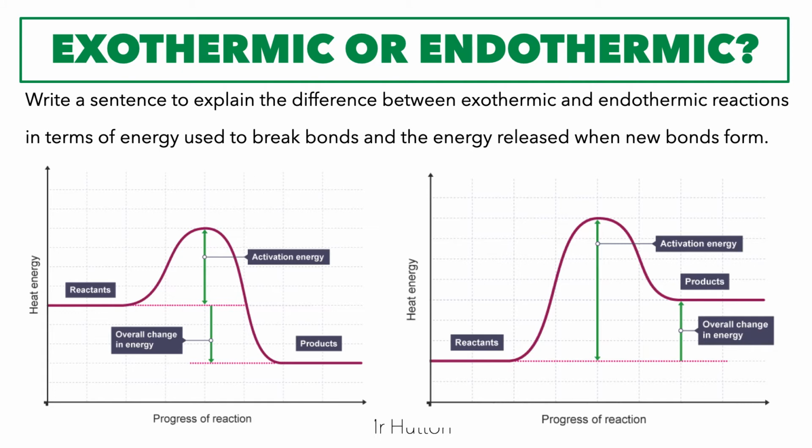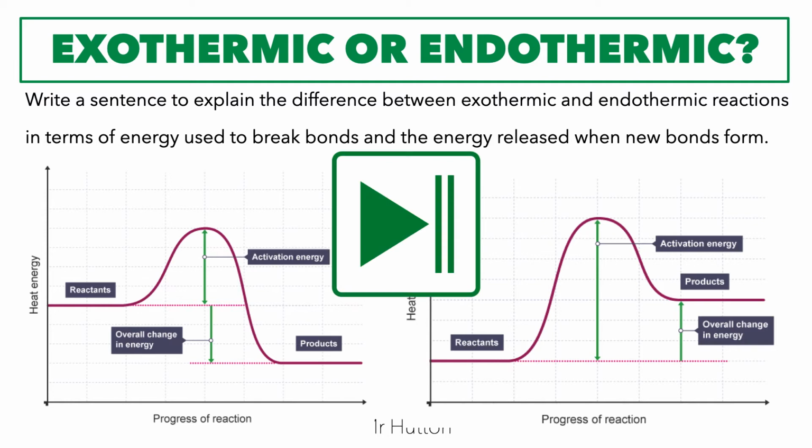I've spoken about it briefly when we were looking at that starter question, but see if you can come up with a sentence that puts that all into one form, using breaking bonds and making bonds to explain if a reaction is exothermic or endothermic. So pause the video now to have a go.